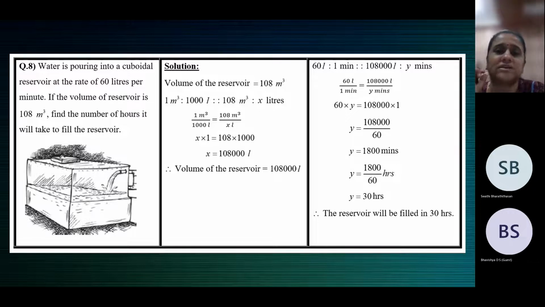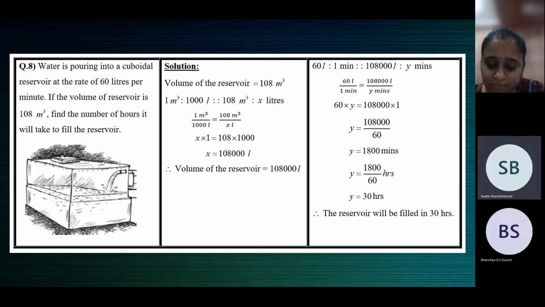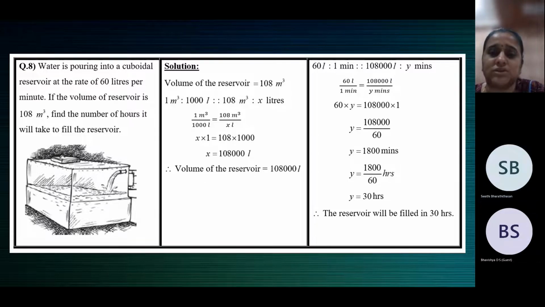All right, Swati, don't forget. You have dinner today and send it to me without fail. Only of this chapter, mensuration, both from your textbook and workbook.